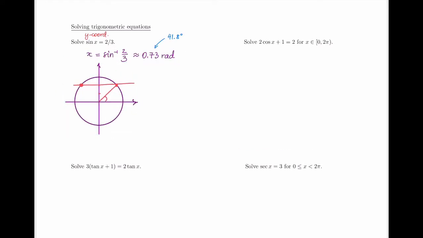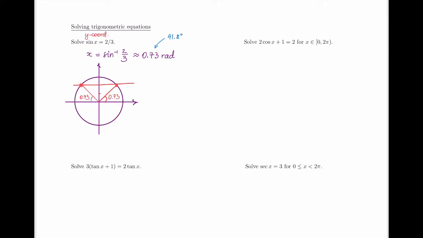One thing to label this with is 0.73 radians. So if I were to connect to this other side of the circle, this angle is the same as this angle. So this too will be 0.73 radians. But as the answer, my angle that corresponds to this point is, of course, this whole one.